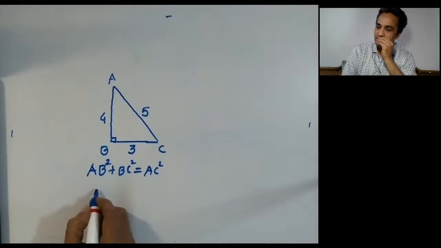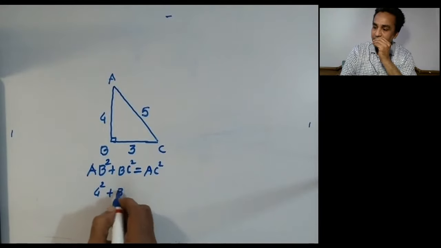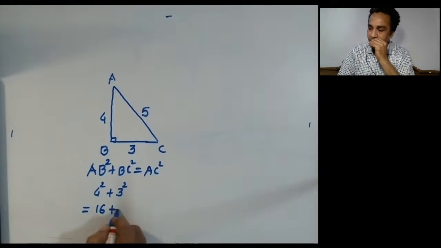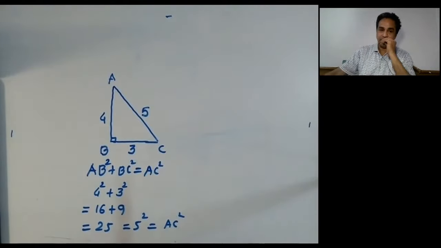You can see here easily, 4 square plus 3 square is equal to 16 plus 9 is equal to 25, is equal to 5 square, is equal to AC square.